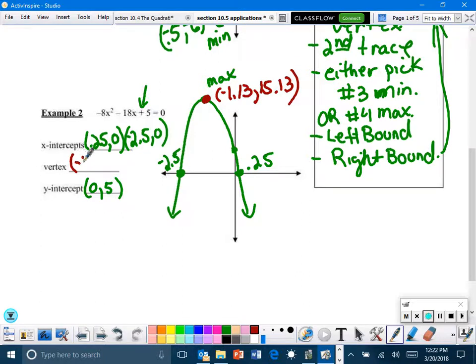So my vertex is at (-1.13, 15.13). All right, let's keep going. Moving on.